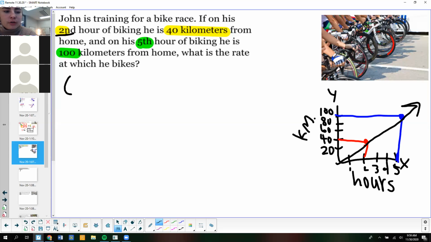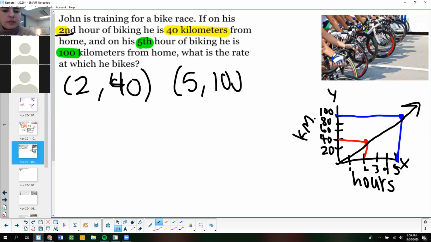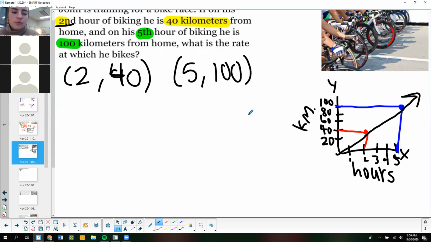So 2 comma 40 is our first point, and 5 comma 100 is our second point. Slope is the same thing as rate of change. We talked about this several weeks ago.